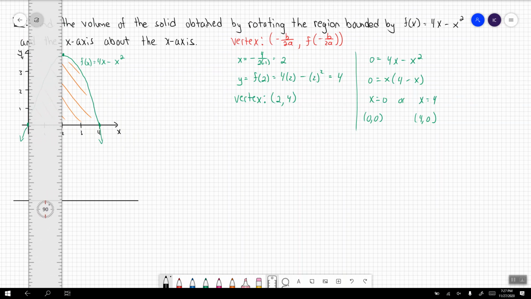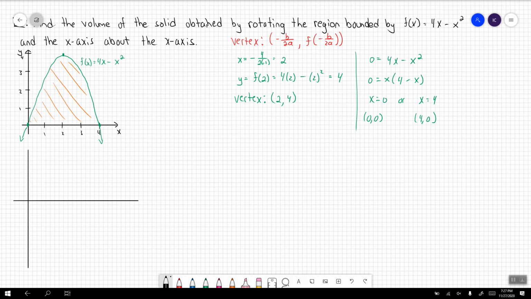Now again, the rotation of this figure, I'm going to try to keep a scale on here for the figure. But again, as I'm rotating this figure, we're trying to make the rotation look like a three-dimensional rotation. So this region for this parabola will then be rotated about the x-axis.